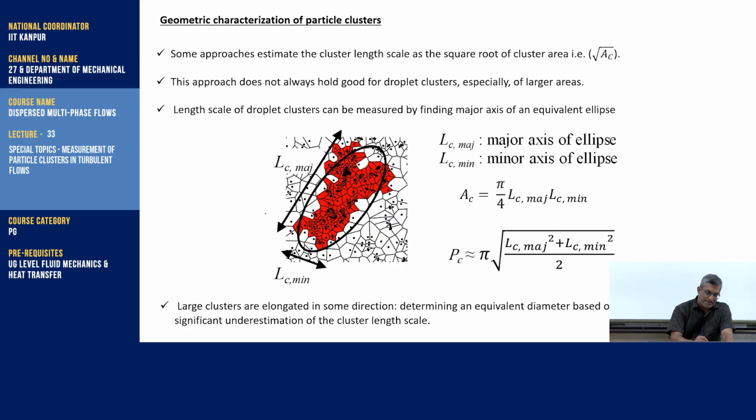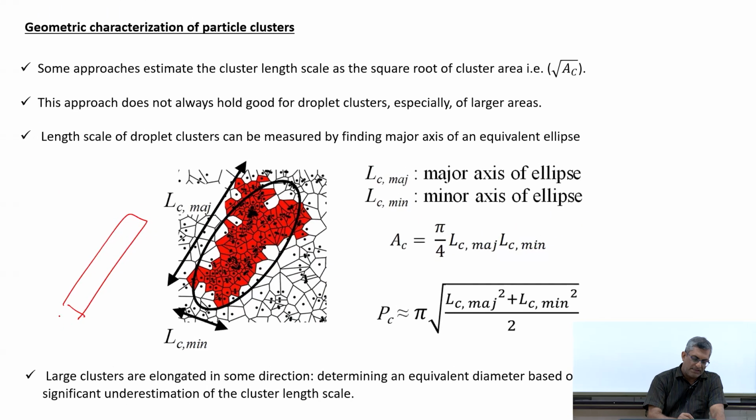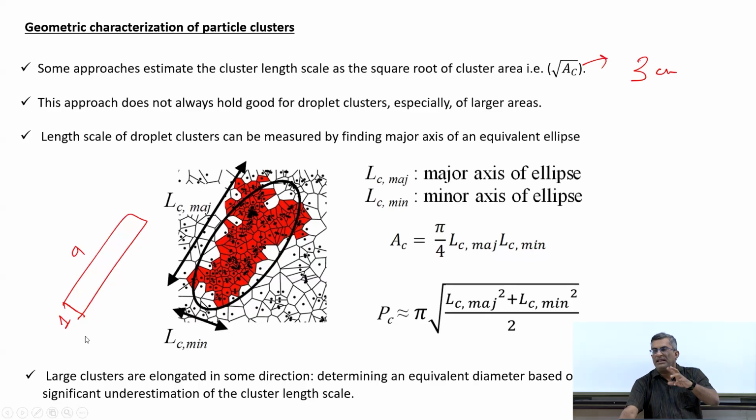For instance, let's say you have a cluster something like this. So this is say 1 centimeter and this is 9 centimeter. Then this will give you the answer as 3 centimeter, which is close to the shorter dimension. Okay. So you will underestimate the length scale.